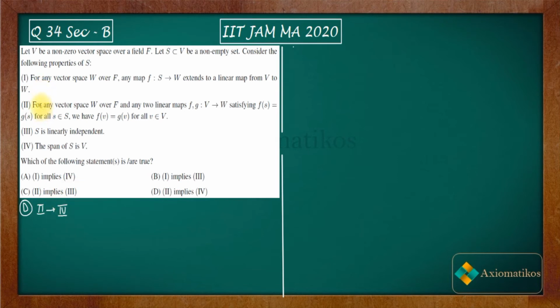In the second option, we have for any vector space W over F, any two, so please focus on this word, any two linear maps F and G from V to W satisfying F(s) equal to G(s) for all s belonging to S, we have F(v) equal to G(v) for all v belonging to V. So this statement says that if you choose any two linear maps which agree on the set S, meaning they are equal on the set S, then they will be equal on the whole vector space.